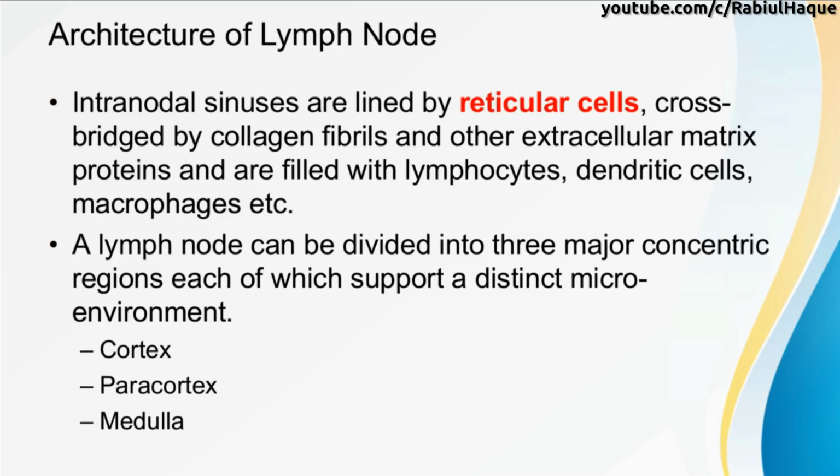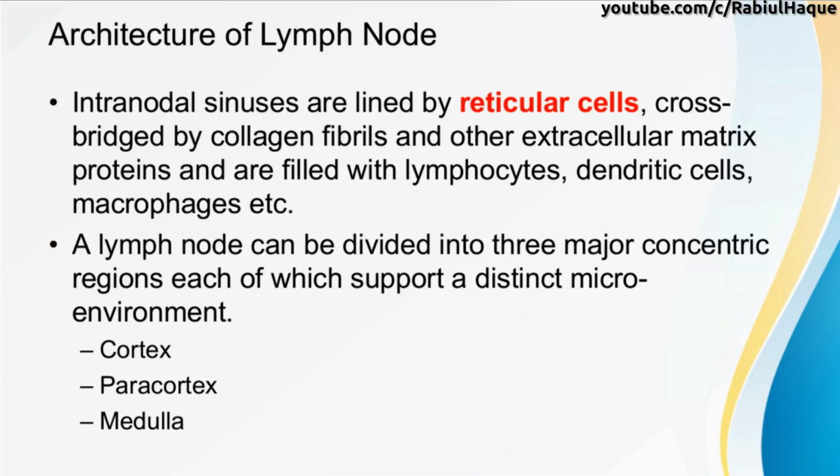Now, intranodal sinuses are actually lined by reticular cells, and besides reticular cells there are these macrophages and dendritic cells. And intranodal sinuses are lined by reticular cells cross-bridged by collagen fibrils and other extracellular matrix proteins, and they are filled with lymphocytes, dendritic cells and macrophages.